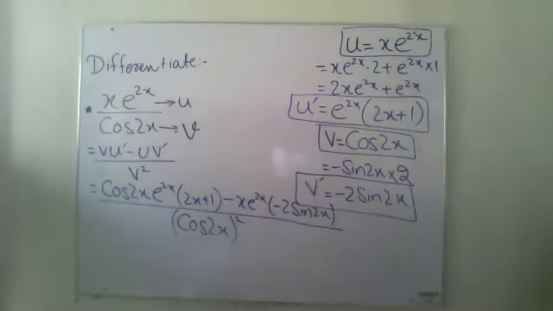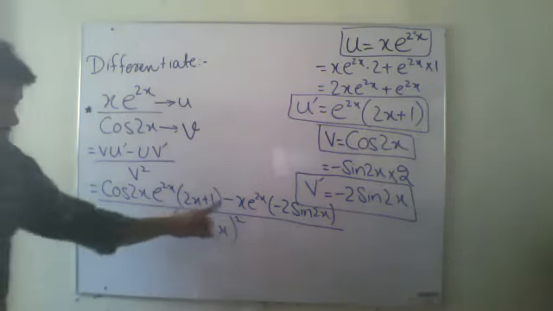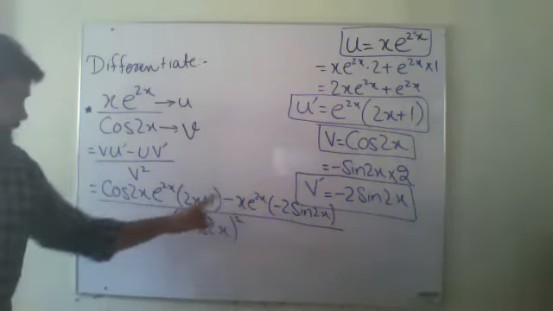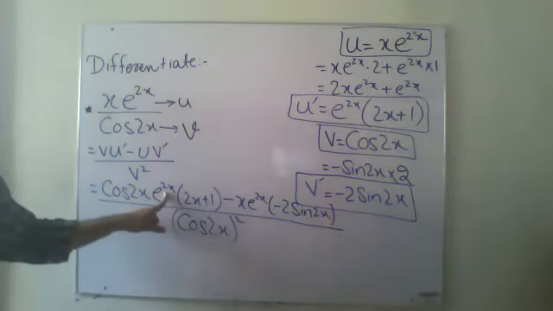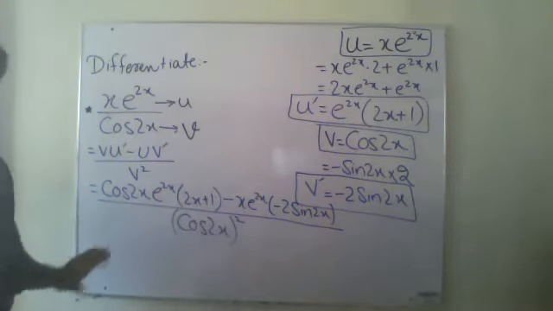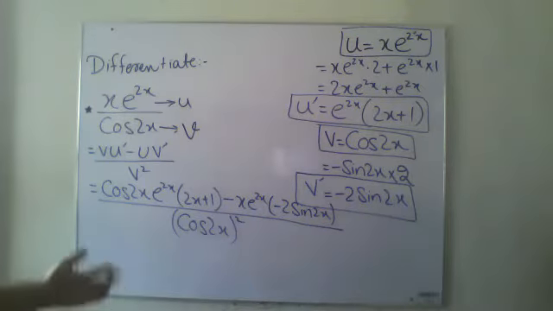So when I further simplify it, see, e to the power 2x is common at both places, e to the power 2x, e to the power 2x. So I'm taking that thing common. It won't make any difference. If you want to leave it like that, you can leave it.